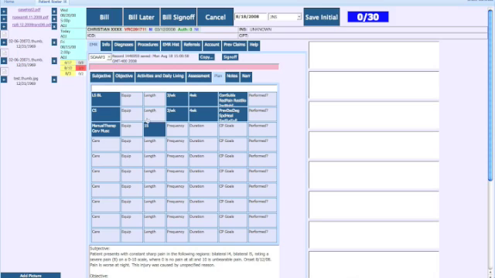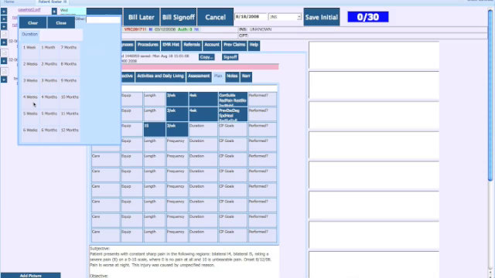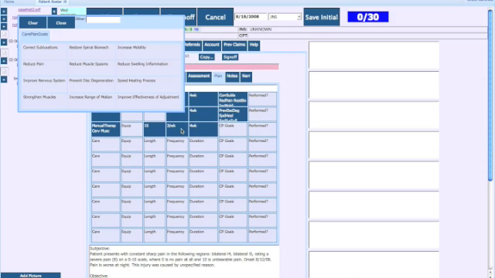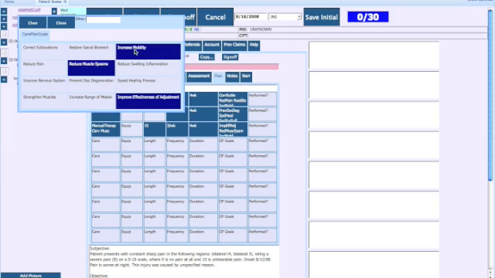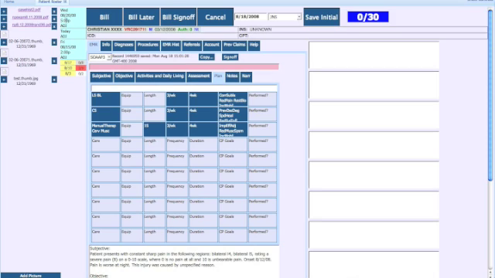But I'm going to just say 15 minutes, and we're going to do that 3 times a week for 4 weeks. And the goal is to improve the effectiveness of the adjustment, definitely to reduce muscle spasm, increase mobility, reduce inflammation. We could say reduce pain, whatever you want to do here.